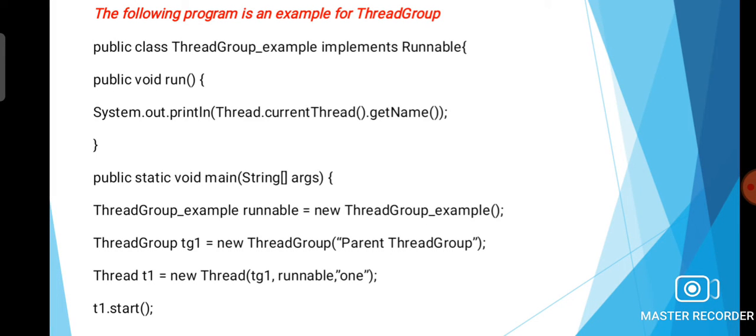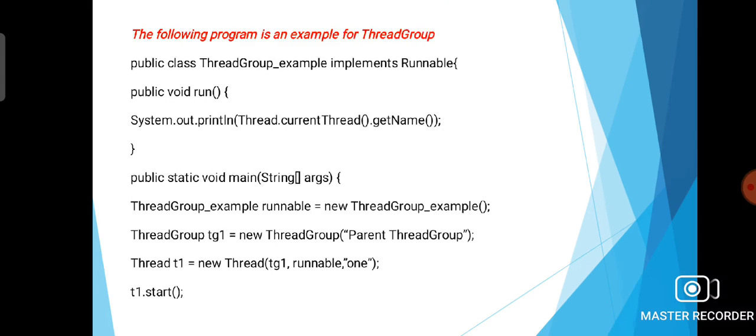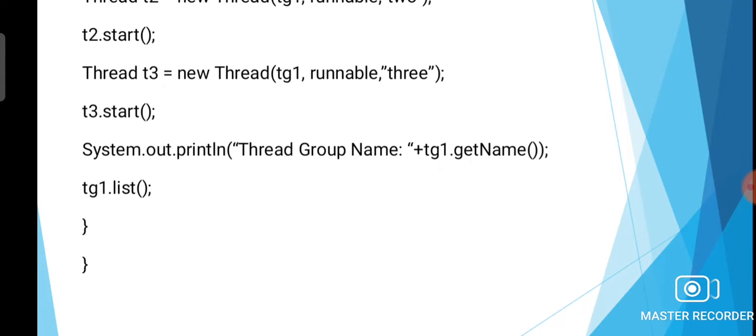Our thread group object was tg1 and the name of the thread group was parent thread group. So when we print in this manner, tg1.getName will provide the name of the thread group tg1. The name was parent thread group.